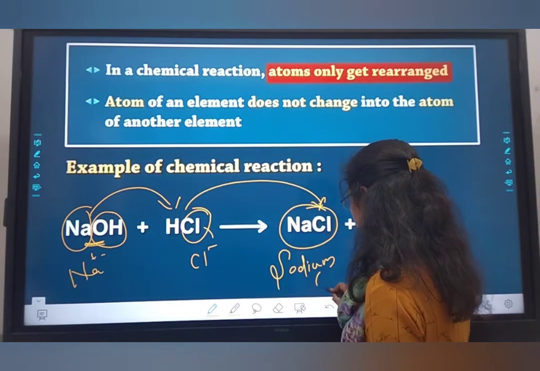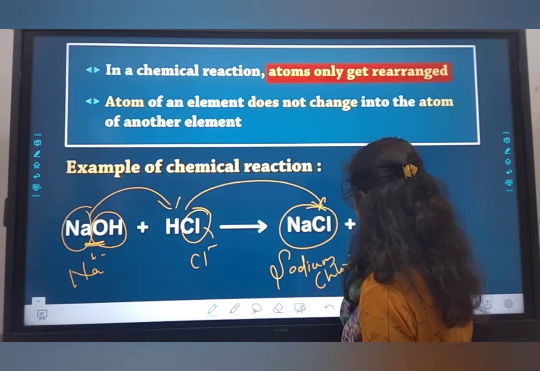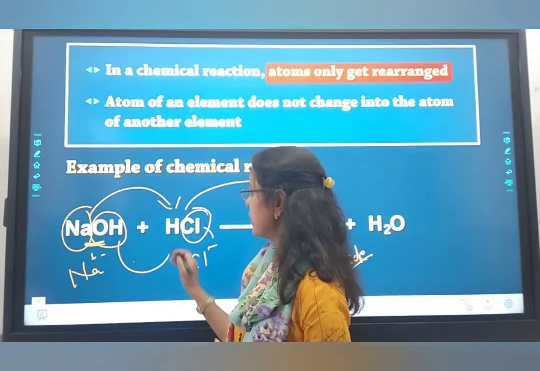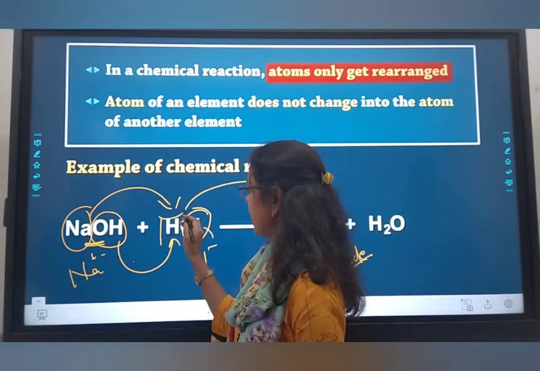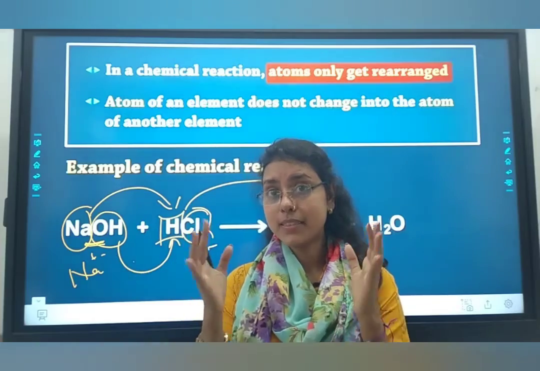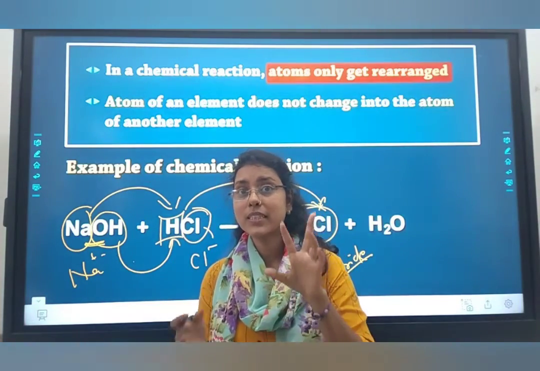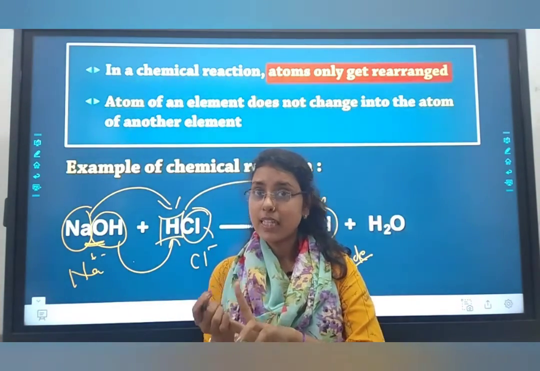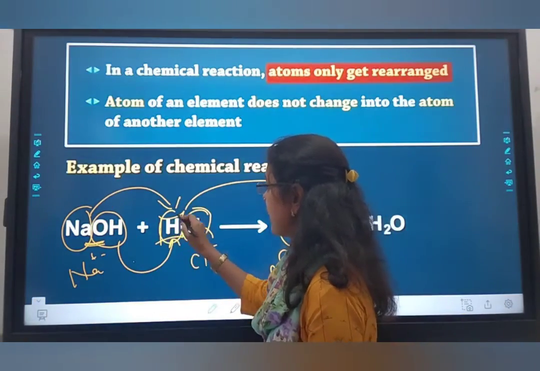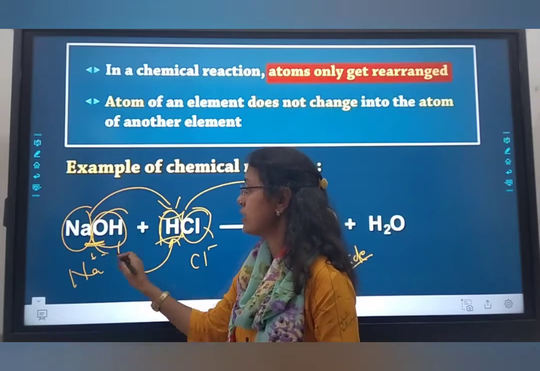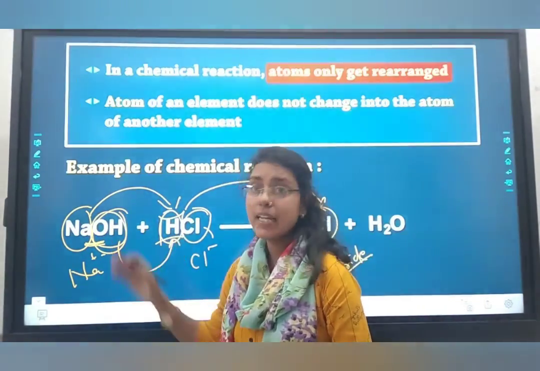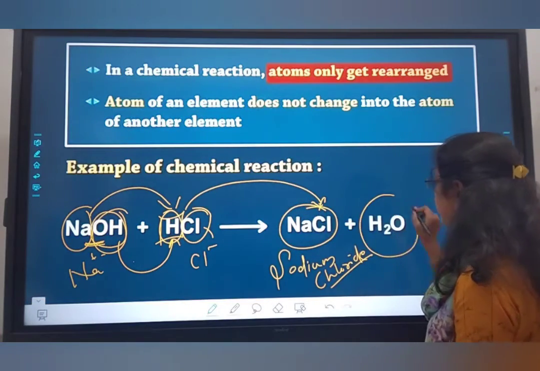And the water part, how has that been formed? That OH group has reacted with the H plus ion from HCl. So HCl has been divided into two parts: the cationic part is H plus and the anionic part is Cl minus. This H plus part has reacted with the OH minus part, and they react to form one water molecule.